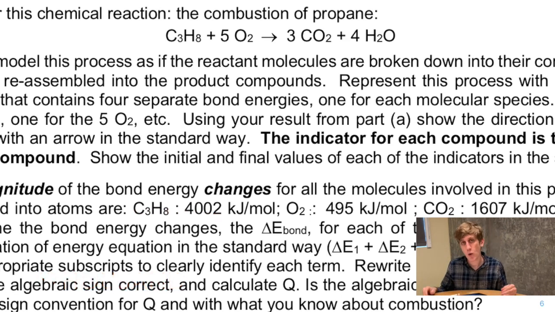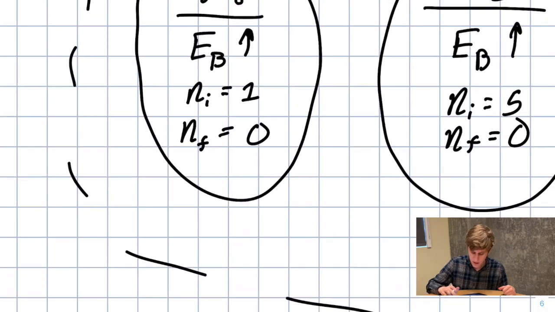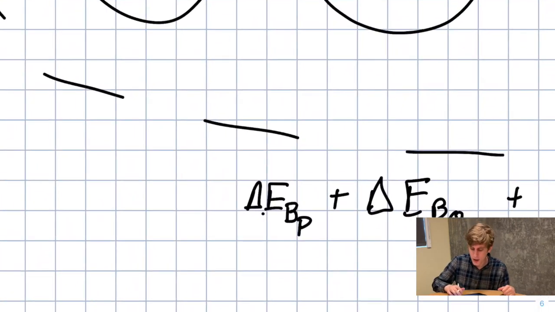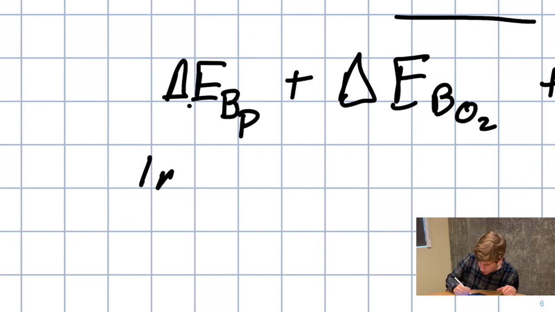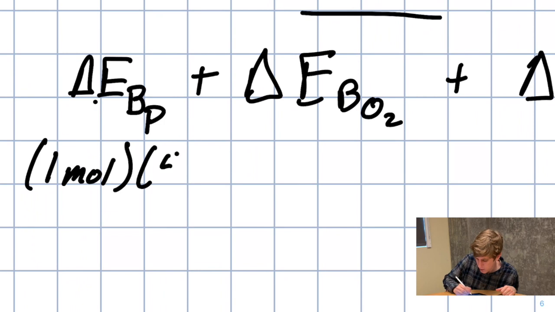That means for every mole of propane we break apart, we have to add 4,002 kilojoules. We only have 1 mole of propane, so this turns into 1 mole times 4,002 kilojoules per mole.